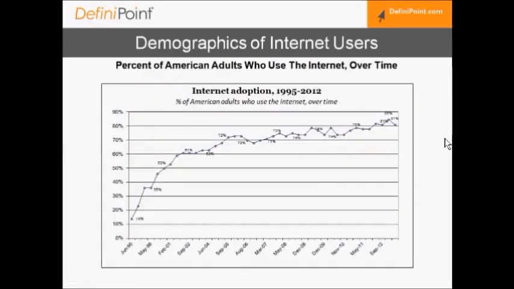When we look at the increase of internet users over time, and pay particular attention to the timing here, so rating scales being used for 20 years, right? So now we're looking at 95 when only 14% of adults were using the internet, contrasted with 2012 where about 80% of individuals were actually using the internet.